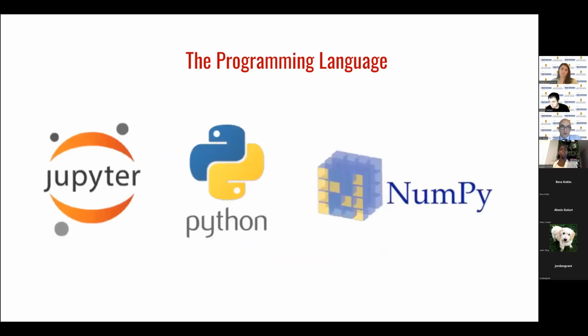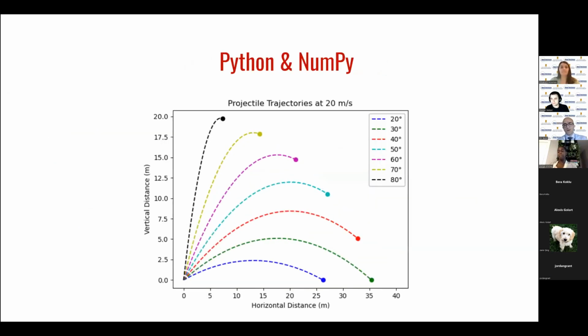Down the road, we start utilizing platforms such as Jupyter, and a vital numerical library called NumPy. Utilizing all of this, we make important mathematical and computational techniques available for our students to do computational science.